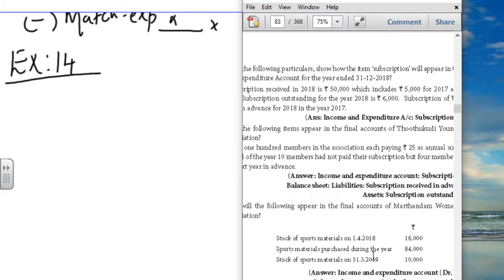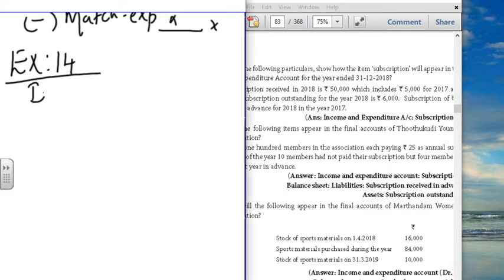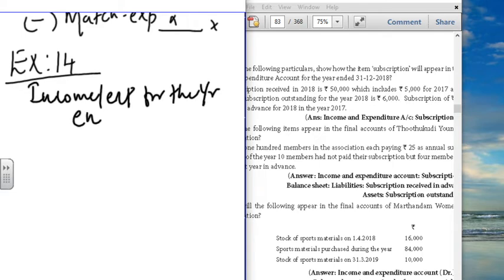I already said sports material appears only on the expenditure side. So you have to write the heading. For all the problems, you have to write the heading. Income and expenditure account for the year ended 31/3/2019.